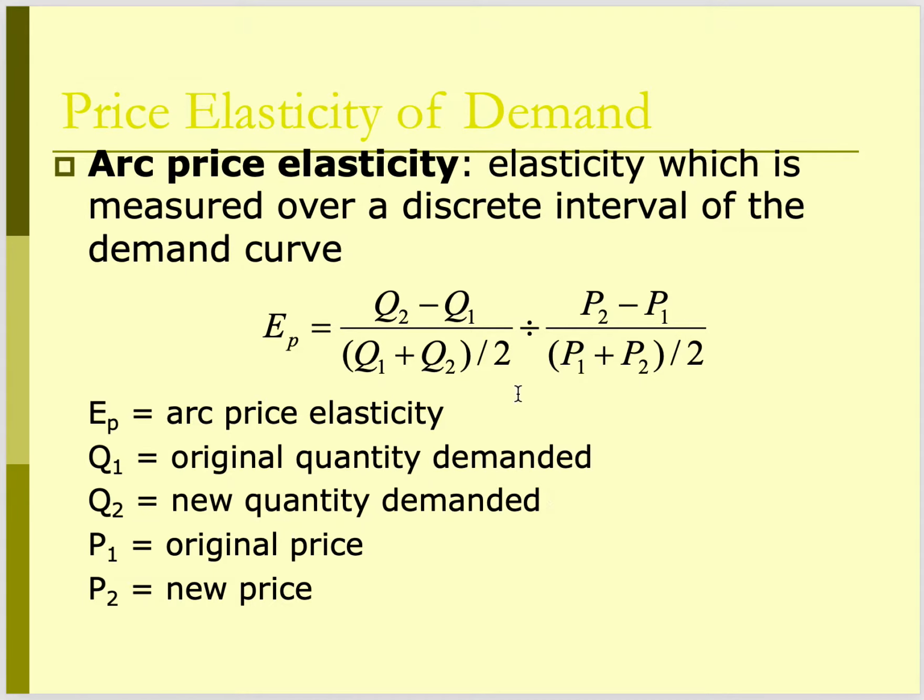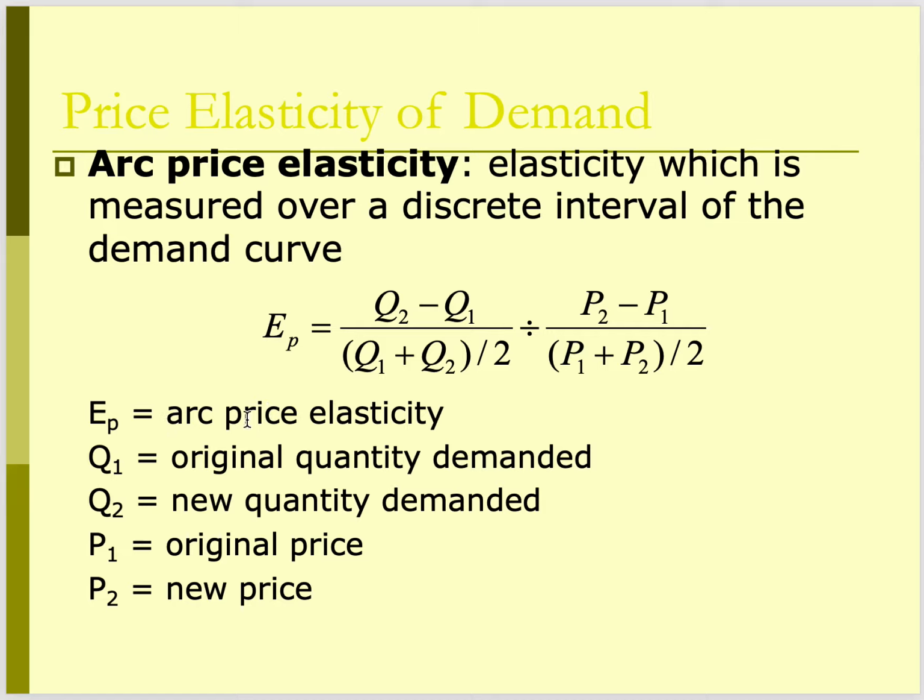Now the formula for this is Q2 minus Q1, that's a change in quantity, divided by what's called the midpoint formula, Q1 plus Q2 divided by 2. So it's really the average of the two quantities.